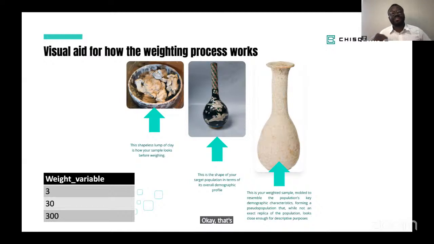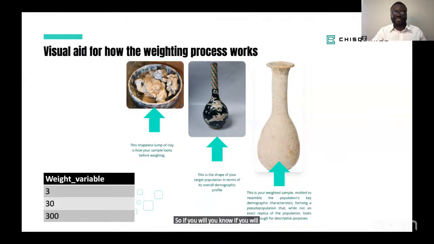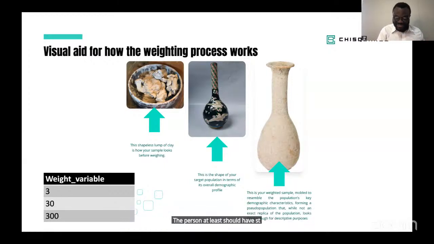So you should have an intuitive understanding of why that doesn't make any sense. If you pick a data set you're analyzing and you see a weight of 0, that makes no sense. Like how? The person at least should have stood for himself, first of all. That is just some foundational basic things that we all need to know.